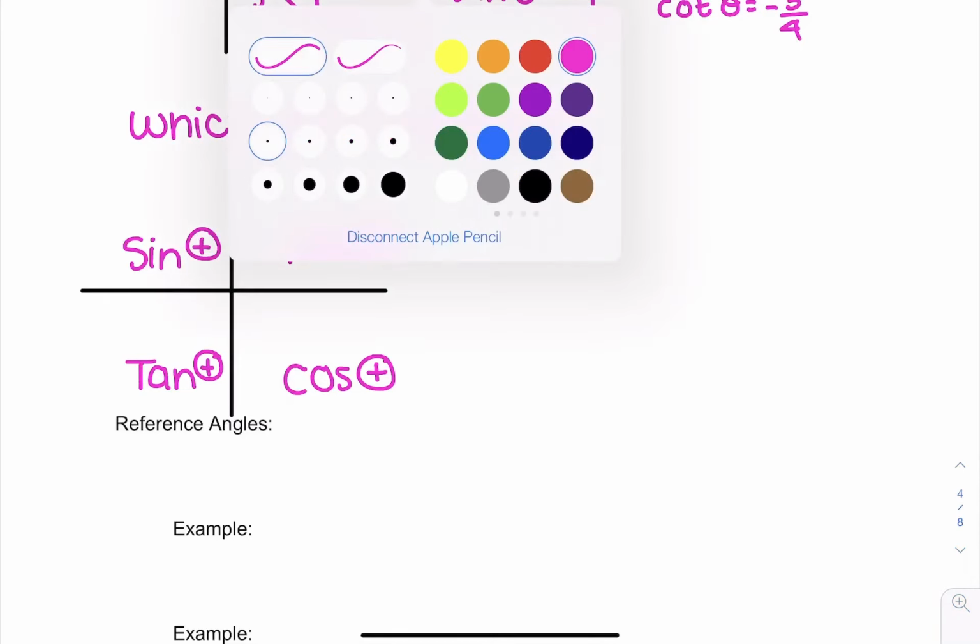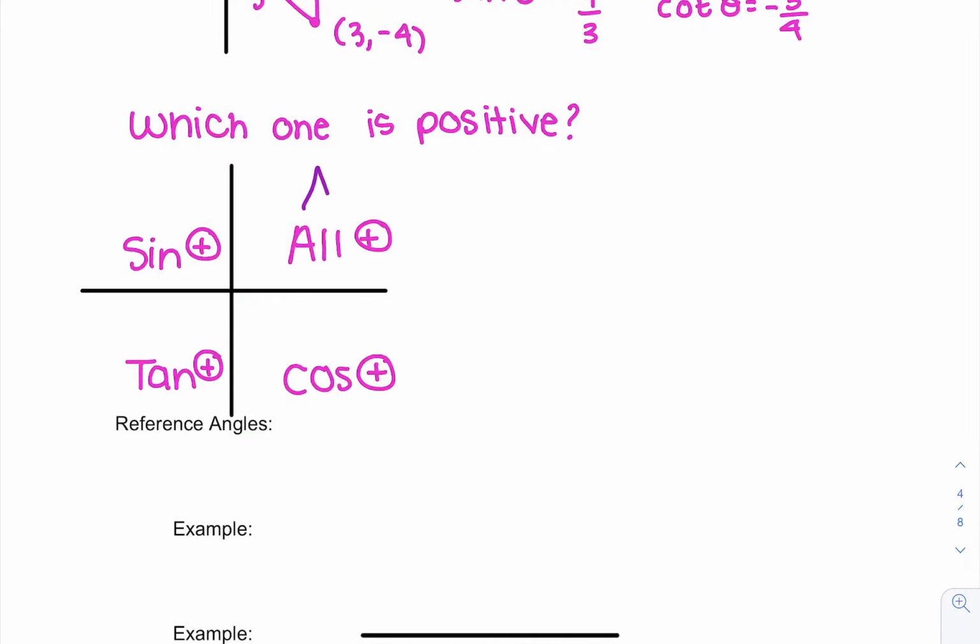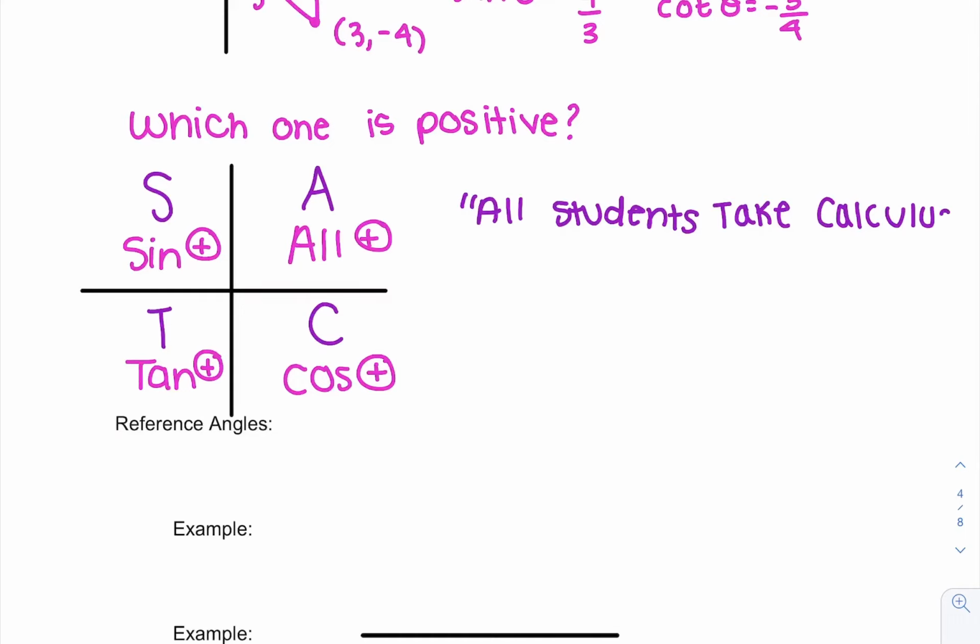So if you take the first letter, so like all would be A, sine, S, T for tan, and C for cosine, we can remember this as all students take calculus. So if you start in quadrant 1, then we'd go A, S, T, C as we move around.